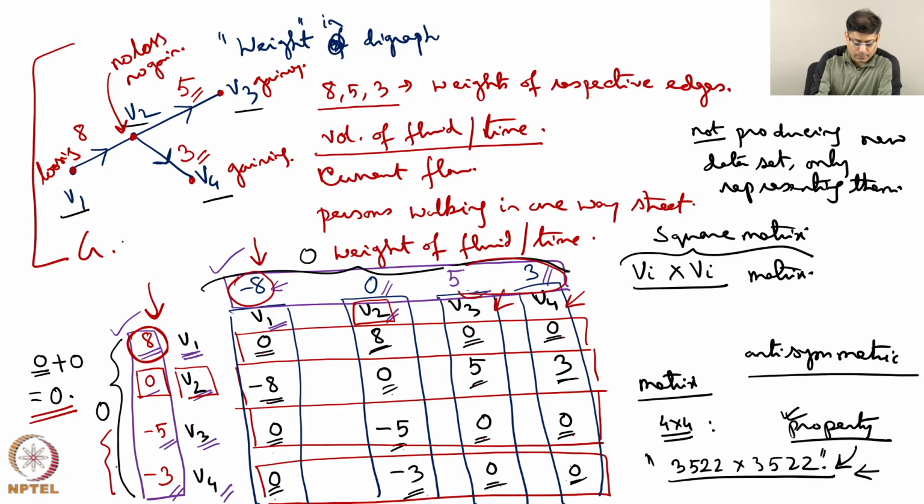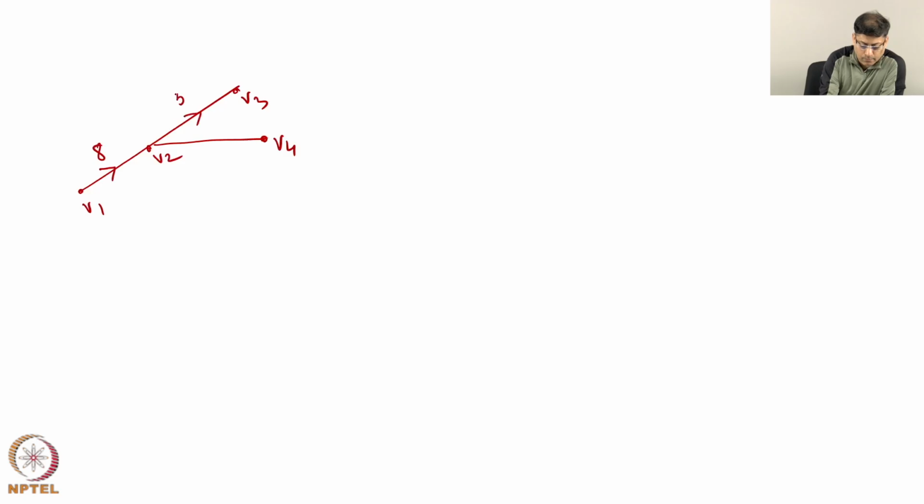So, now let me draw this graph in the next page and pose some interesting questions. So, this was our graph on which we were working and creating the matrix.